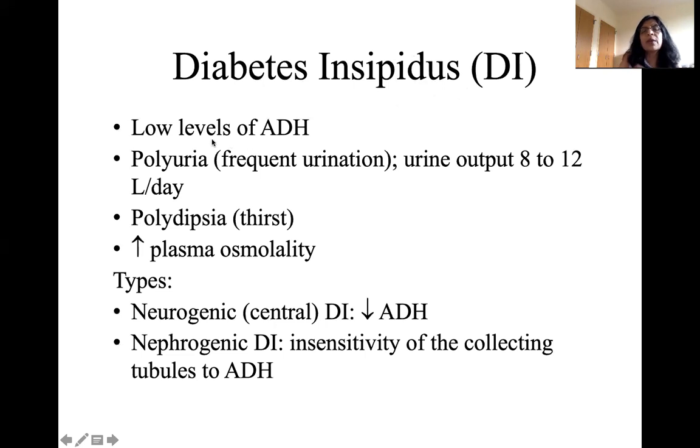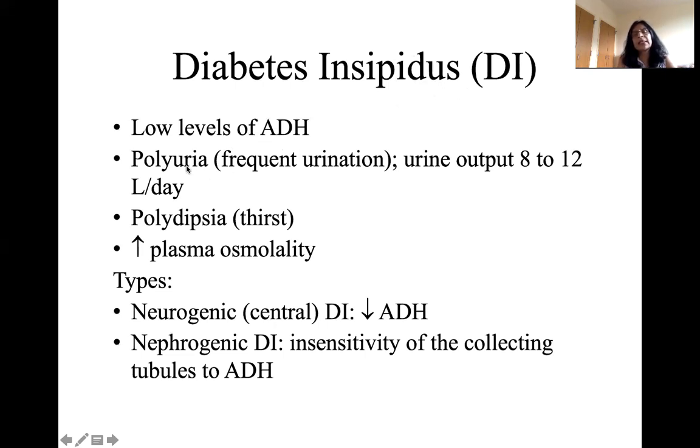That is where you have low levels of ADH. Okay, that's because the neurons are not making enough ADH. What is the cause of that is all going to be discussed next. And what happens in the absence of ADH is the immediate question to ask.